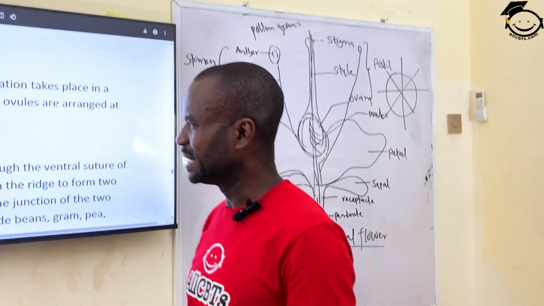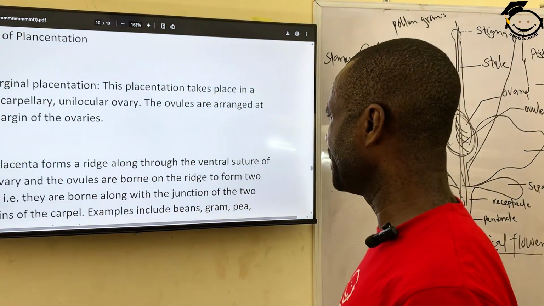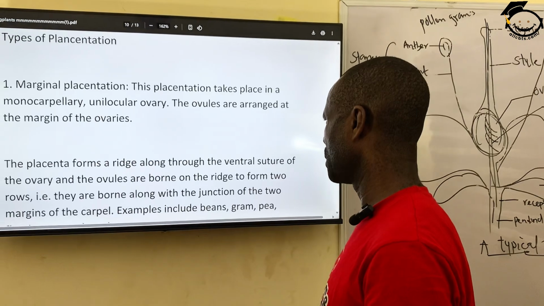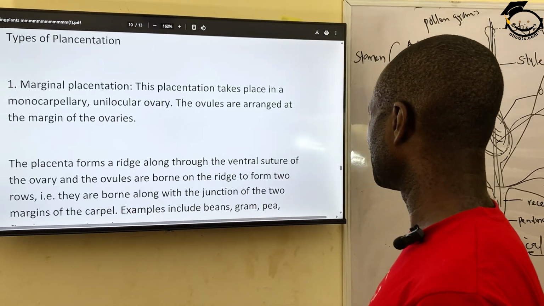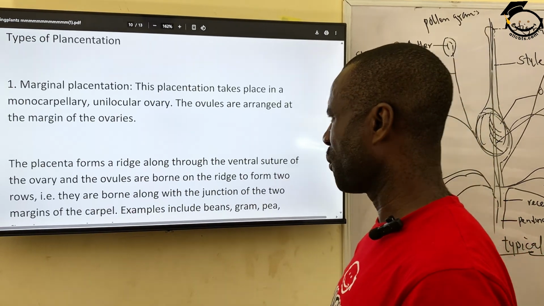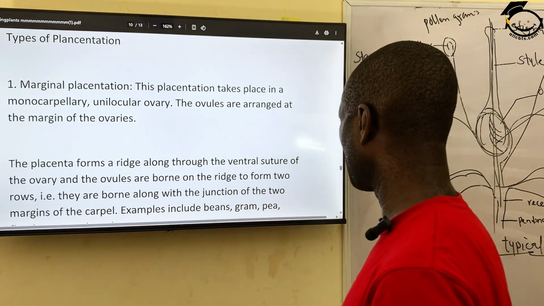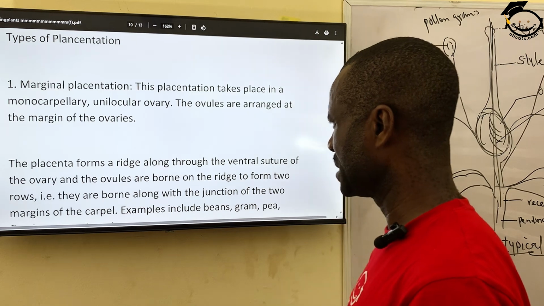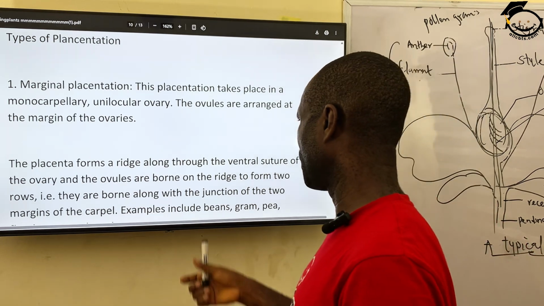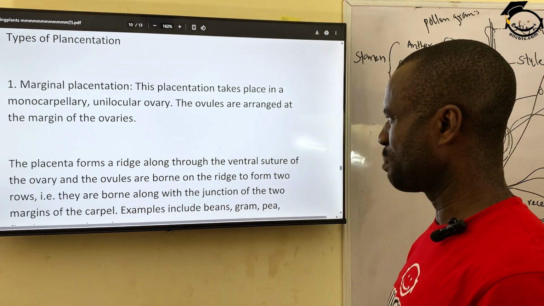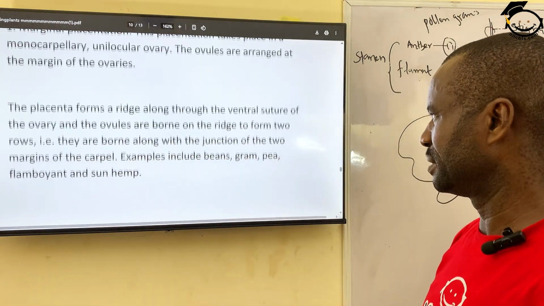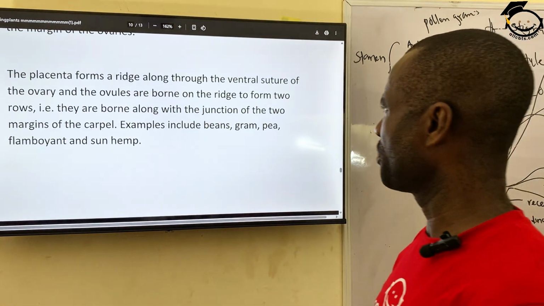The placentation forms a ridge along the ventral structure of the ovary, and the ovules are borne on the ridge to form two rows. That is, they are borne along the junction of the two margins of the carpel. Examples include beans.